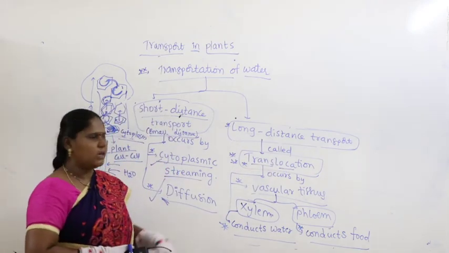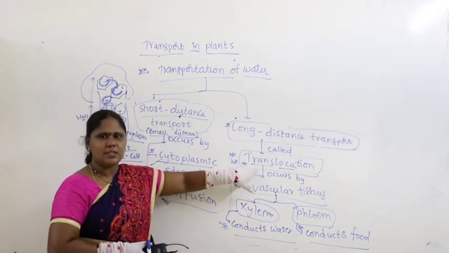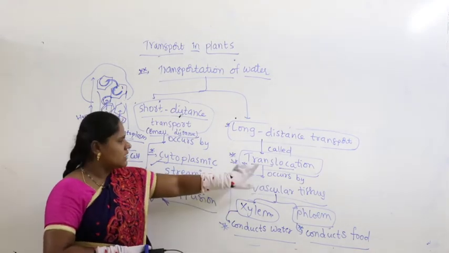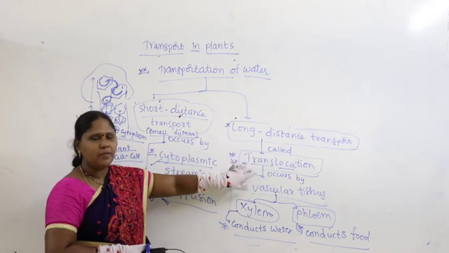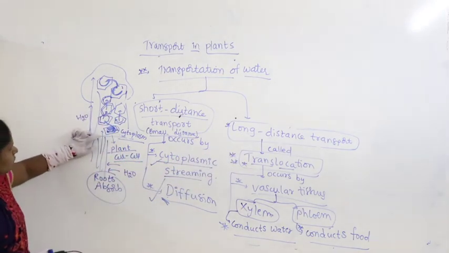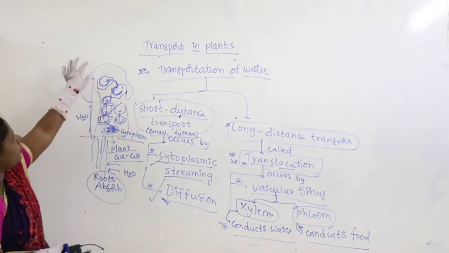Guys, we so frequently make use of the terminology translocation, so try to remember it. What is translocation? The movement over a longer distance, maybe from the base of the root or base of the stem to the tip of the leaf.